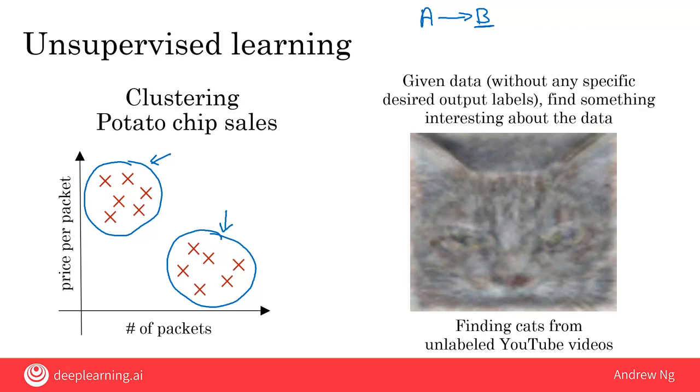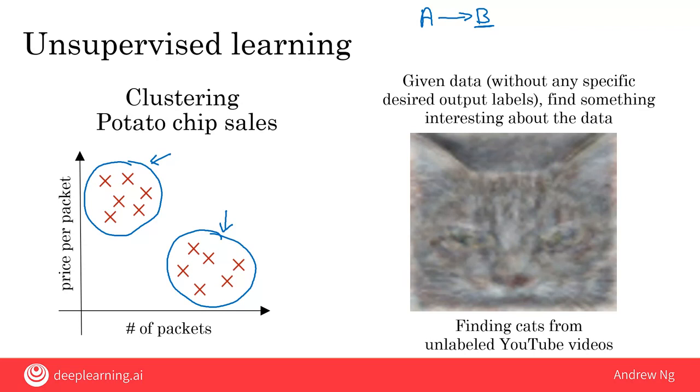And one of the many things it found in YouTube videos was cats, because somewhat stereotypically, YouTube apparently has a lot of cat videos. But it was a remarkable result that without telling it in advance that it should find cats, the unsupervised learning algorithm was able to discover the concept of a cat all by itself, just by watching a lot of YouTube videos and discovering that, boy, there are a lot of cats in YouTube videos.